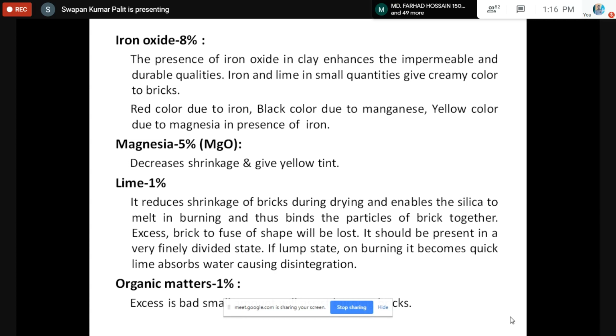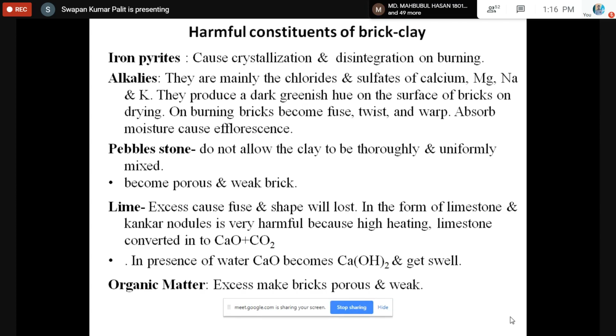But some harmful components may be present in higher amounts in clay or brick clay. What are these? These are the harmful constituents of brick clay. These are 5 components. What are they? Iron pyrites, alkalis, pebble stone, lime, organic matter.